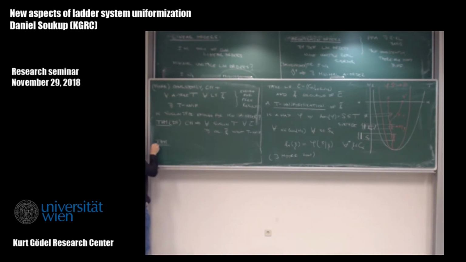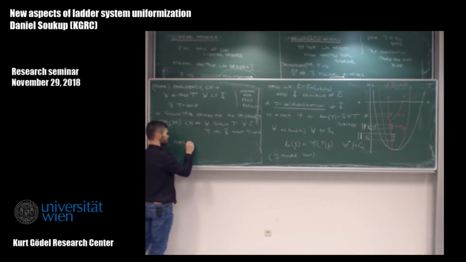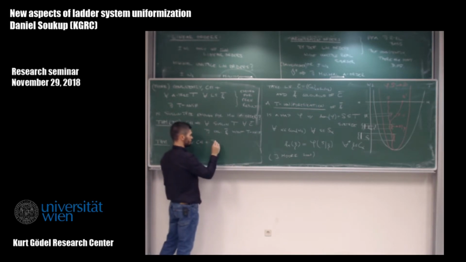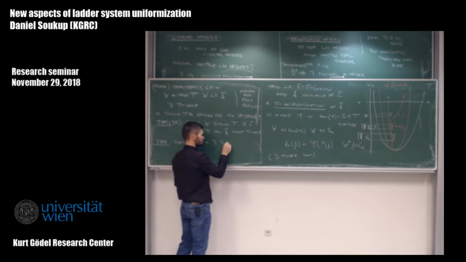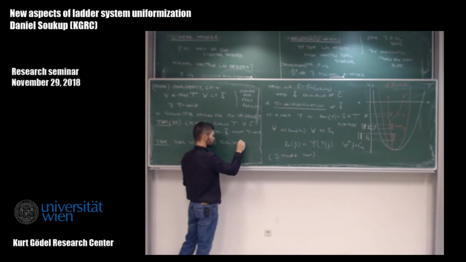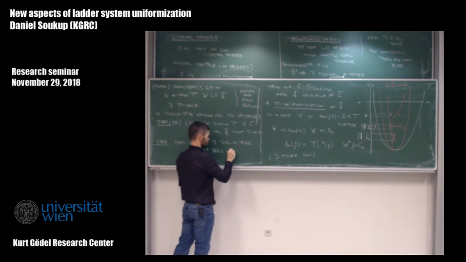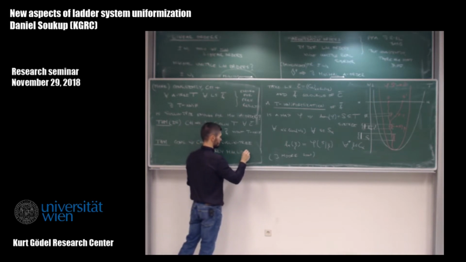However, it's still consistent with CH. It is consistent with CH, plus there is a Suslin tree, plus the only minimal linear orders are plus or minus omega 1.